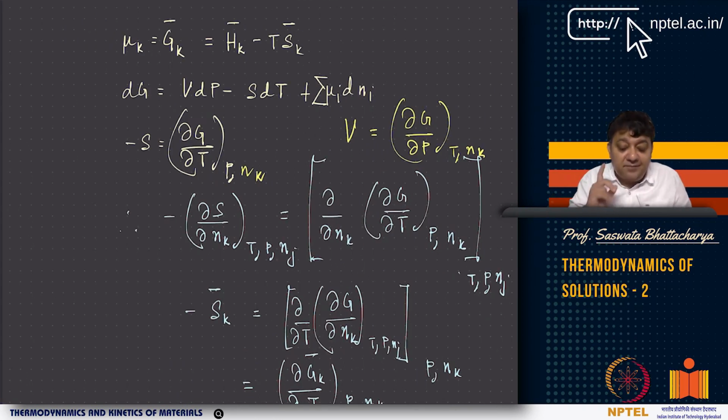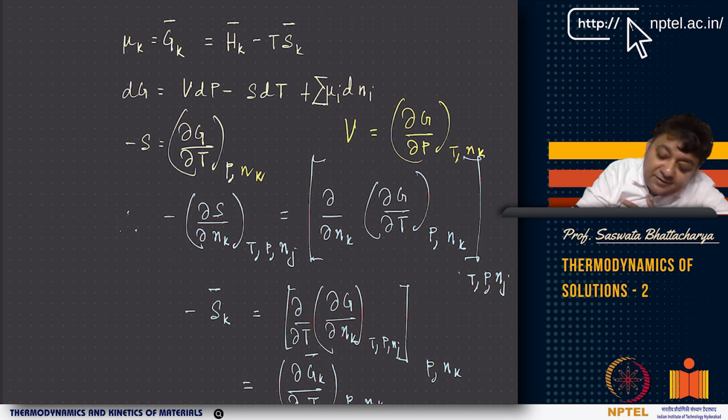Another very important thing I want to tell you: when you wrote for G, you wrote G equals H minus Ts, right.